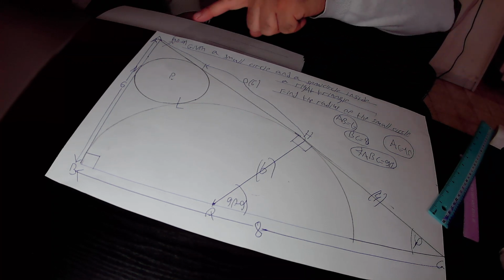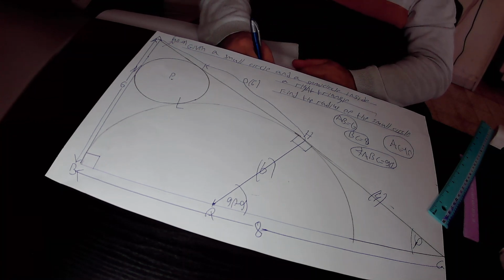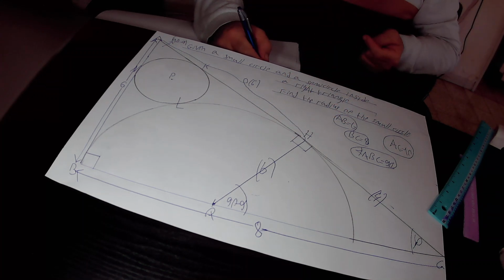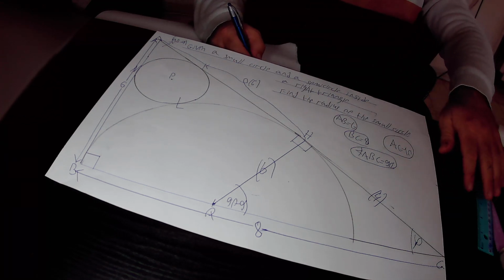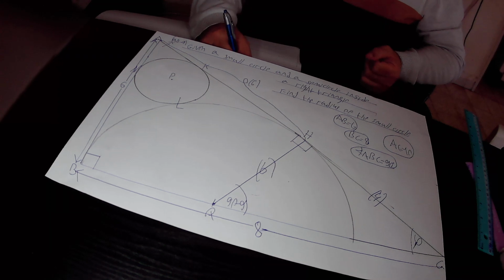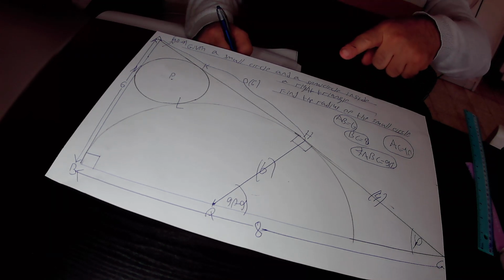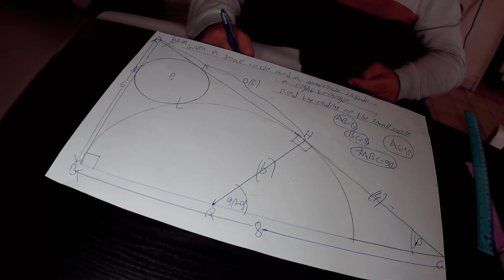We derive that side AB in the big right triangle ABC over side HQ in the small right triangle HCQ equals side BC in the big right triangle ABC over side HC in the small right triangle HCQ.